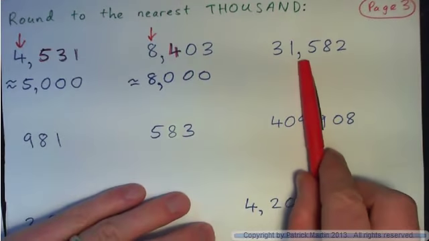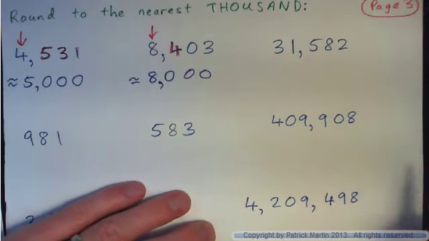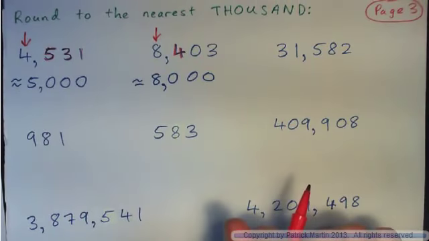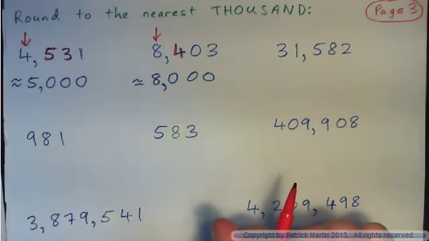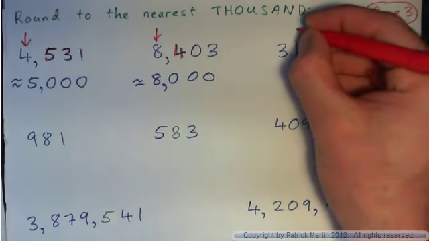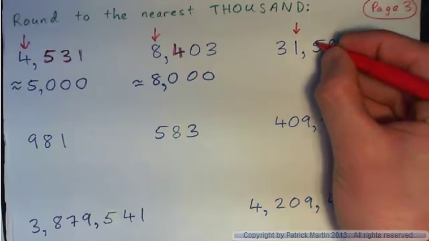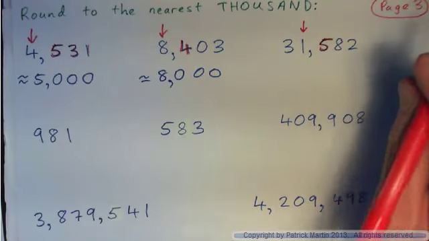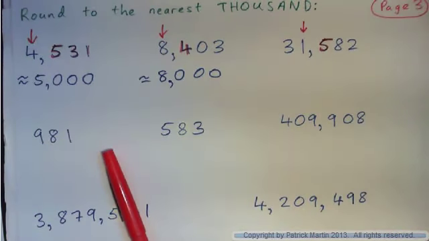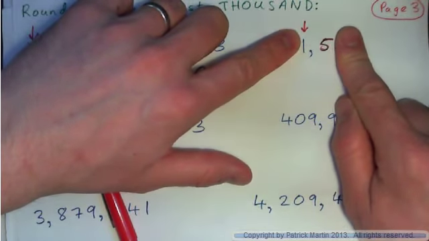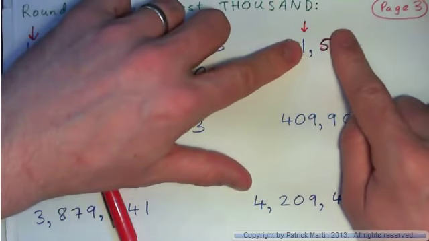How about 31,582? Round this guy to the nearest 1,000. Have you got it? This is the 1,000. We have a 1 in the 1,000 spot. We have a 5 in the 100 spot, right? So all we have to think about is, look, I'm rounding 15. You can just forget about everything else.